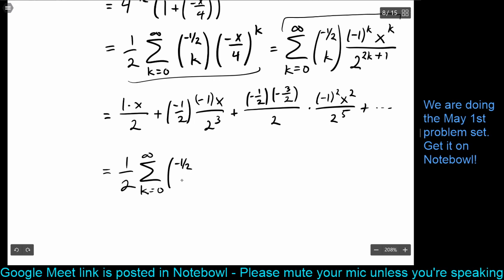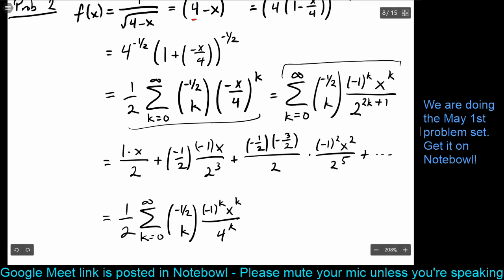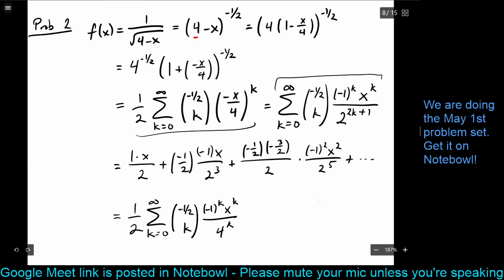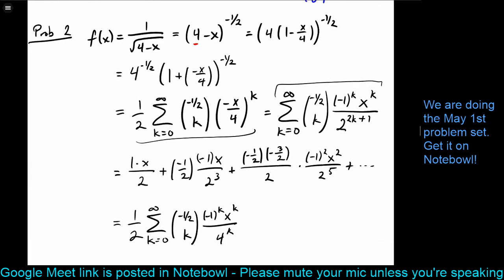But I think doing something like this is probably a good idea, just so you kind of know where the center of the series is and stuff like that. But it's a Maclaurin series, so you know it's centered at 0 anyway. I guess this is probably fine enough, actually. Yeah, actually, leaving it there is fine.